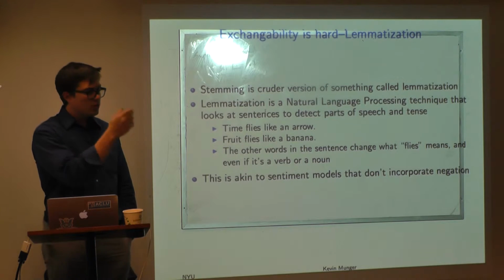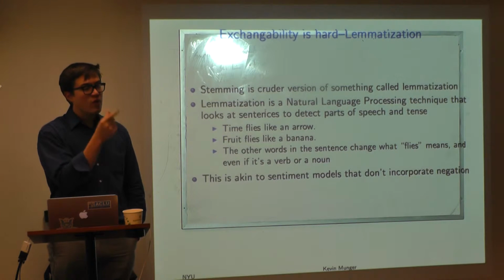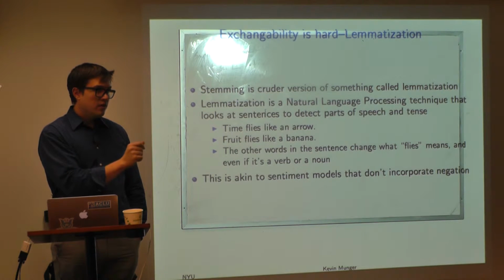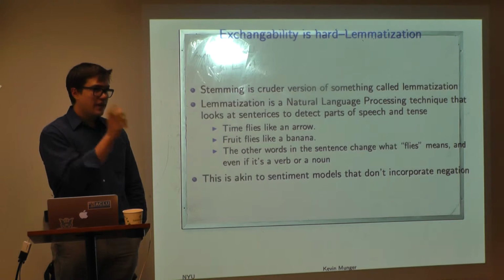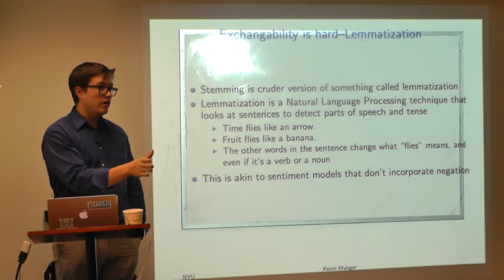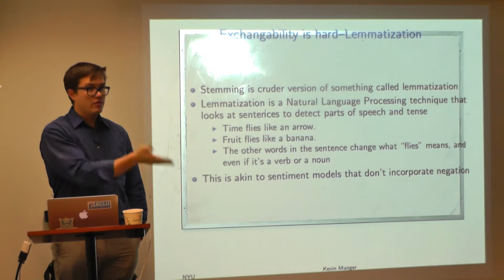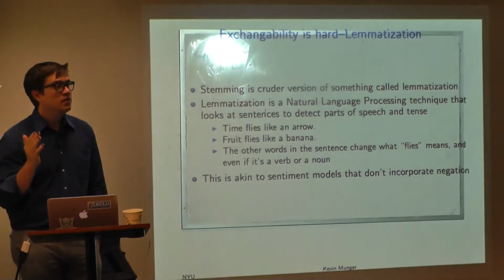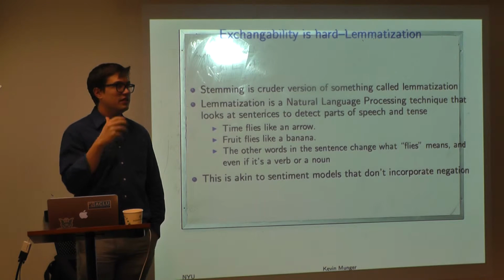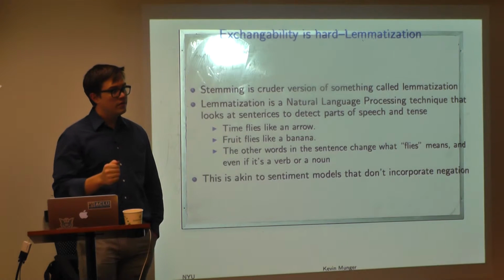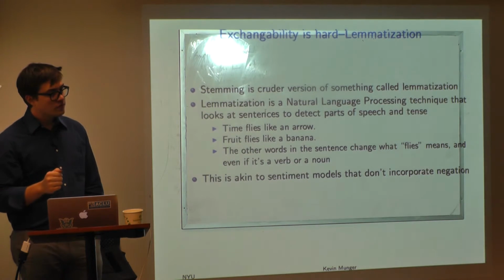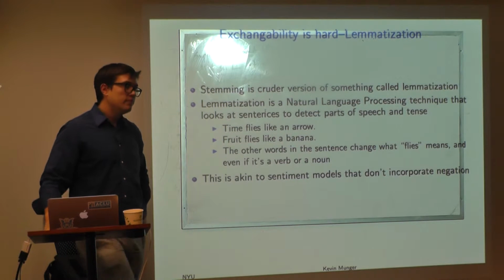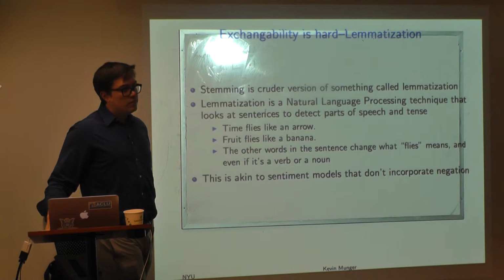Yeah. So especially if we have ran and run. Stemming is not going to pick up on the fact that they're the same word. Lemmatization is going to pick up on the fact that they are the same word, right? Because the way we just change the vowel to change the tense, lemmatization is going to tell us that they are in fact the same word. But I thought that there are all these dictionaries that serve as inputs.